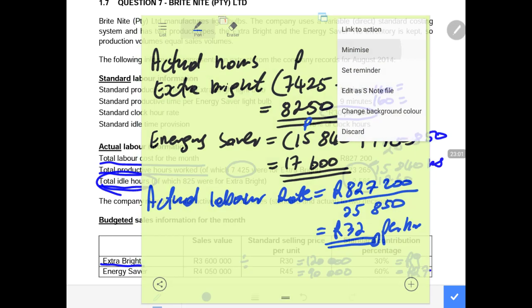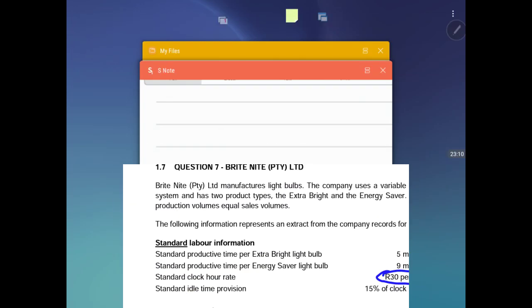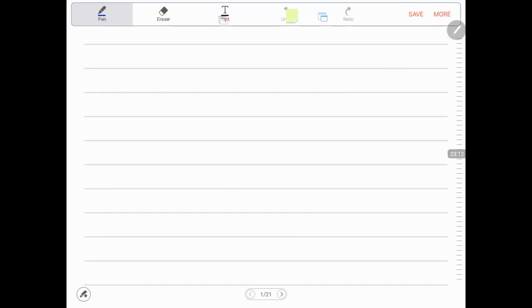So now we paid our employees higher than what we anticipated. So our labor rate variance will be the standard rate minus the actual rate. Let us go into the calculation of that rate for both of the products that we have at our disposal. So now we calculate our labor rate variance. Our labor rate variance will be standard rate minus actual rate, multiplied by actual hours.